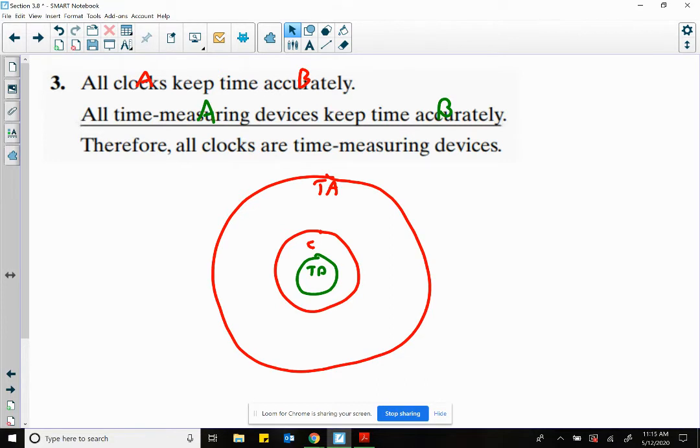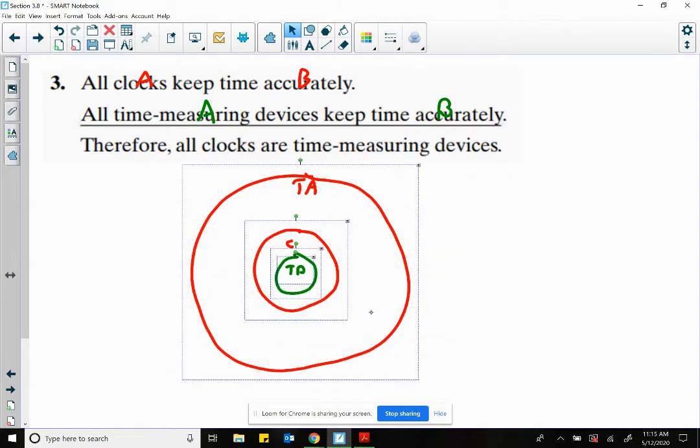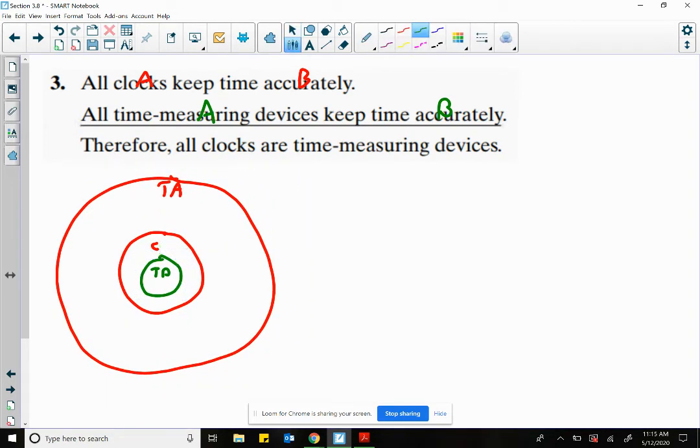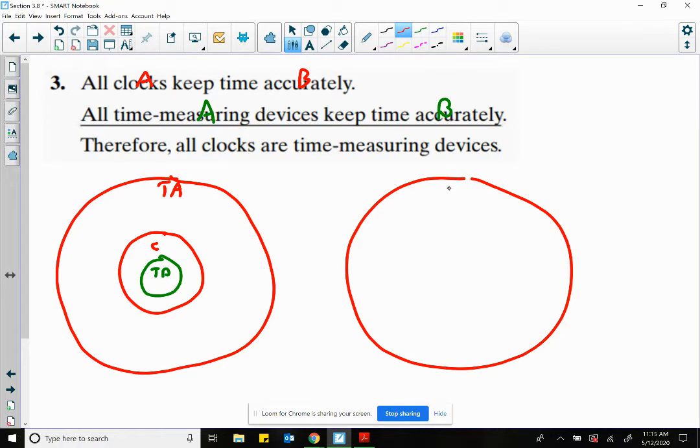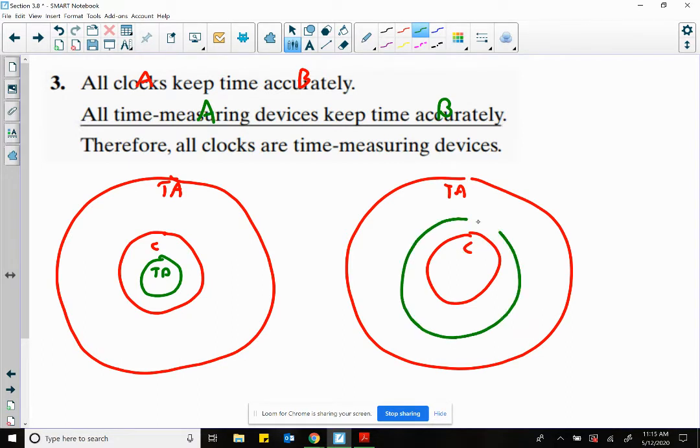Okay? Now, I'm going to draw some of these other pictures too, because I think it's going to be important that you see all of them. Well, it's not going to be important. It is important that you see all of them. So this was the original. Another way you could do this is, what if the time measuring devices surrounded the clock? And again, this still keeps everything valid, because in here, clocks is still inside the time accurately.